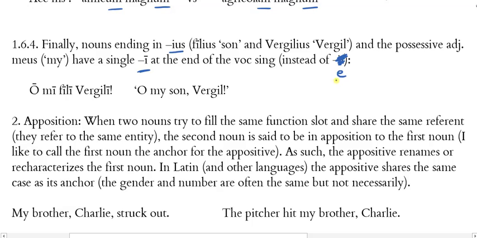Because that's the vocative singular case ending, and instead we'll get the single long i. So I've just given you this little expression to maybe help you remember. If I want to say, "Oh, my son Virgil," it's "O mi fili Vergili." All right? "O mi fili Vergili." So, "Oh, my son Virgil," not "me file Vergile," but with these long single i's.